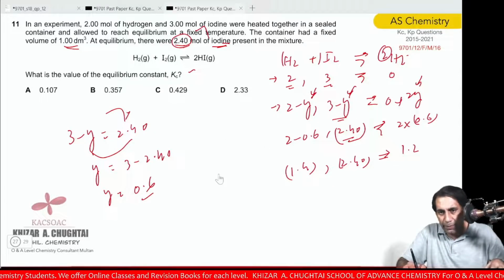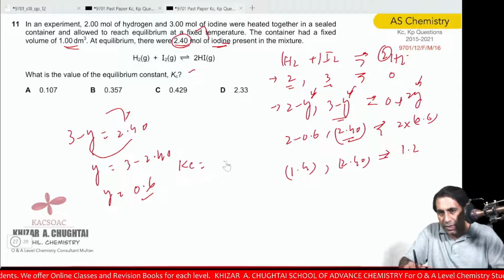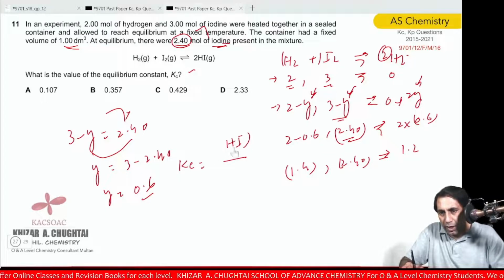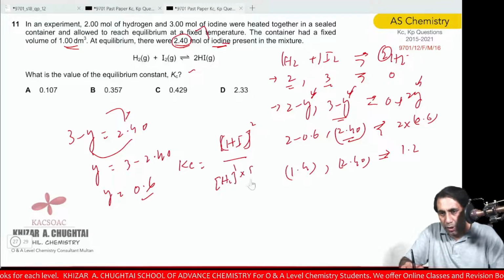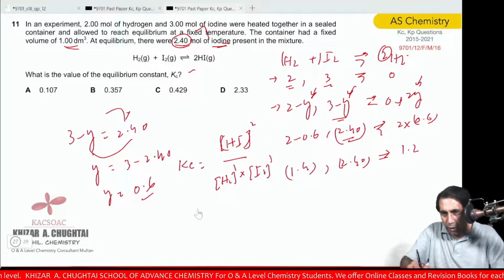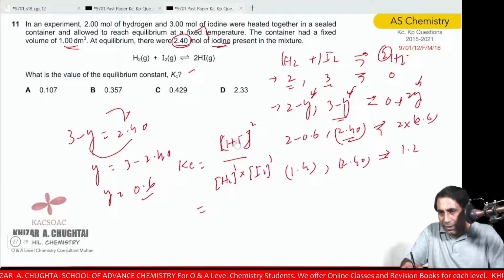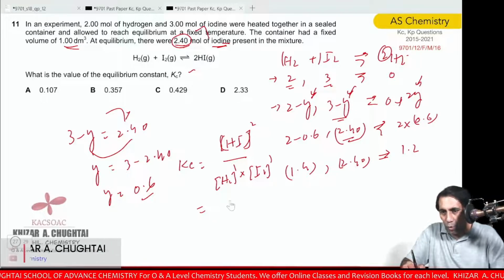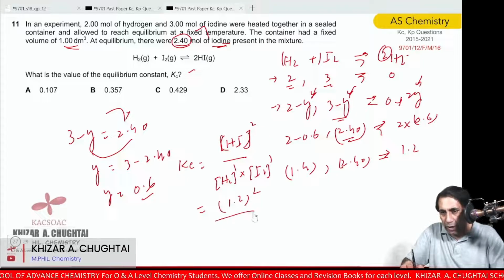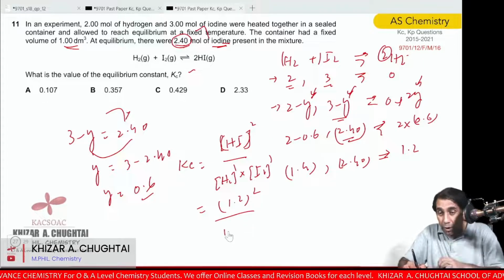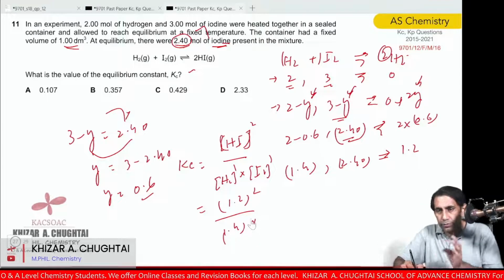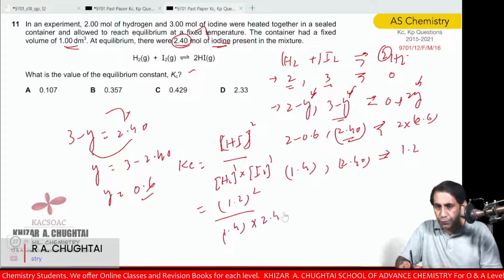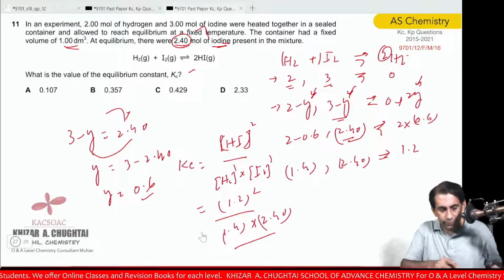So what is the expression of Kc? Kc is equal to concentration of HI raised to power 2 divided by concentration of H2 raised to power 1 multiplied by concentration of I2 raised to power 1. HI concentration squared, 1.2 square divided by 1.4 into 2.4, right?